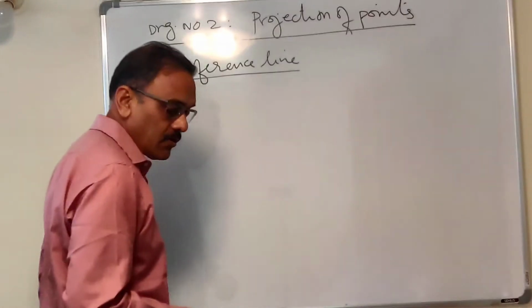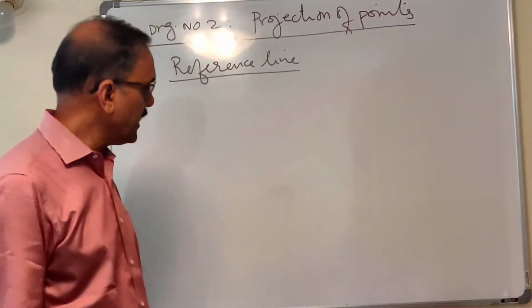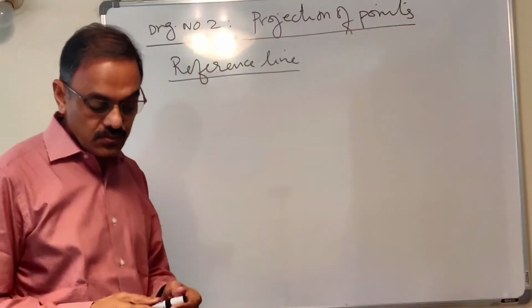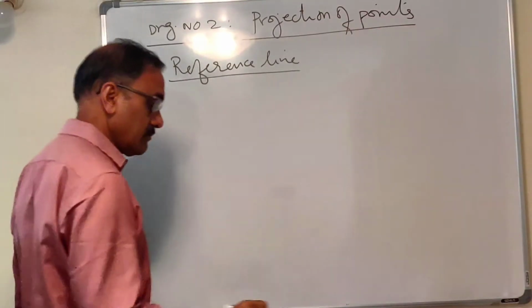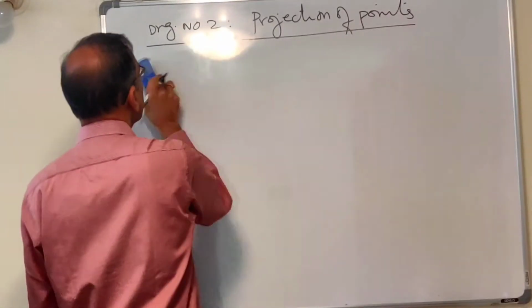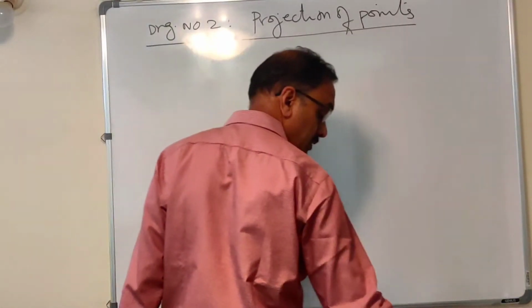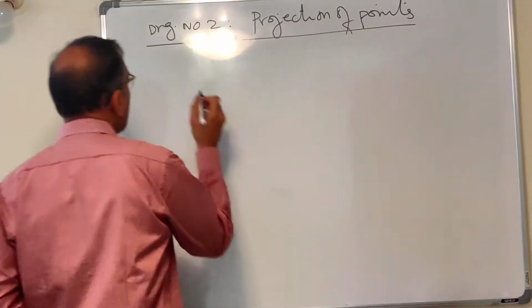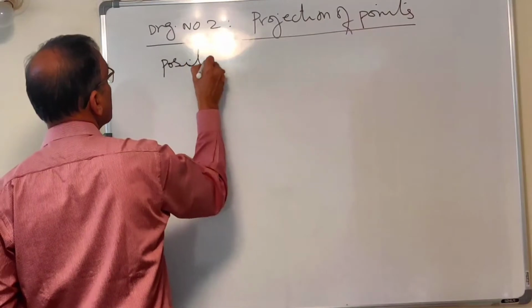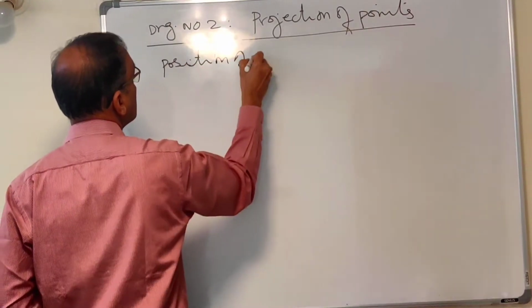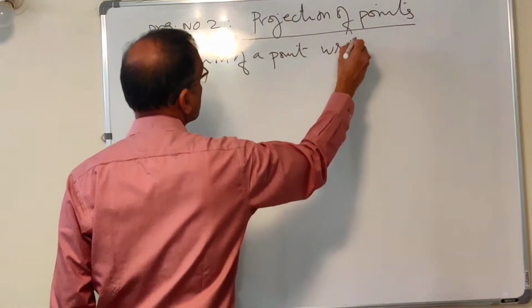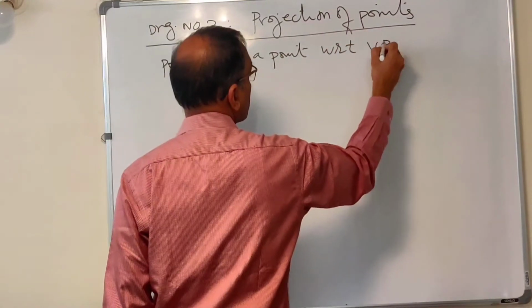Let me come to the quadrants part later, but let me explain the position of a point with reference to the vertical plane first. Position of a point with reference to vertical plane VP.